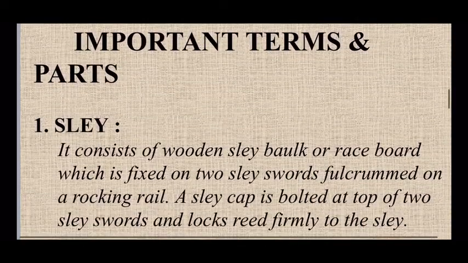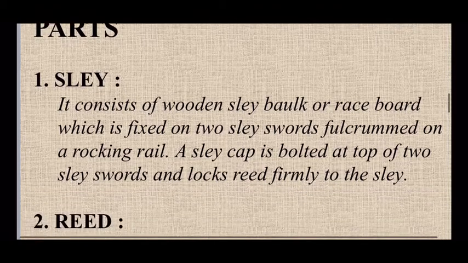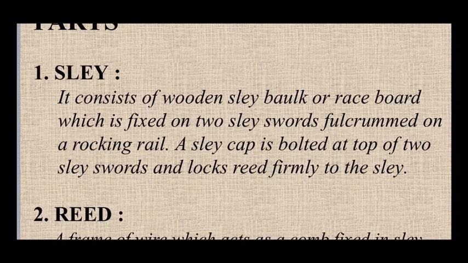Important terms or parts which are used in the beating up mechanism. First one is the sley. It consists of a wooden sley race board, which is fixed on two sley swords. Because these, on which the race board is fixed, are in the shape of swords, they are known as sley swords. These sley swords are fulcrumed on a rocking rail or rocking shaft at the bottom of the loom at the front side.